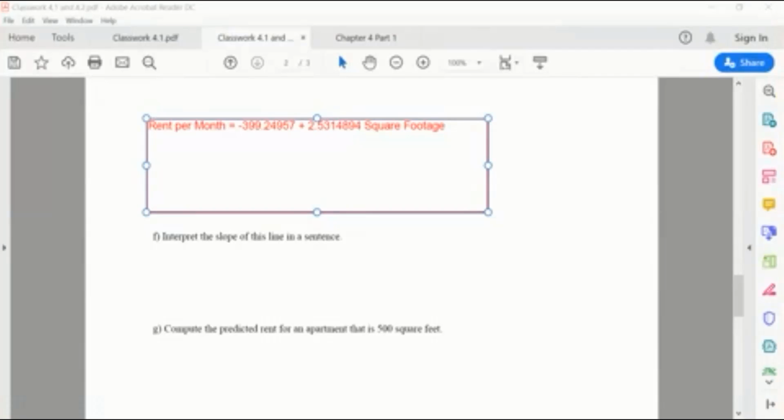The slope is 2.53. So if the slope is 2.53, and I'm going to write that over 1, that's equal to change in y over change in x.